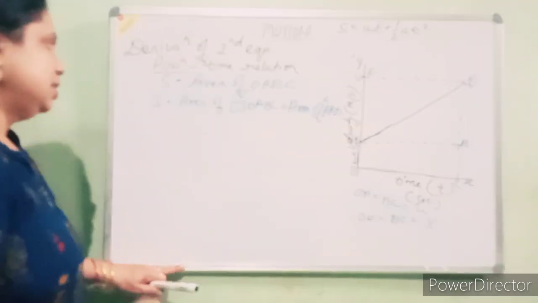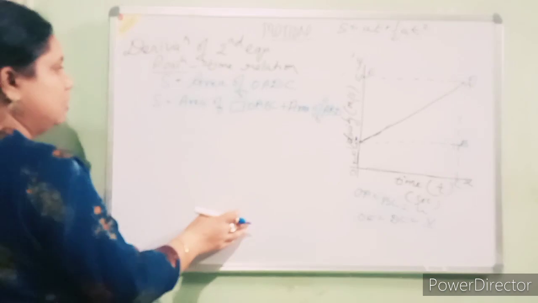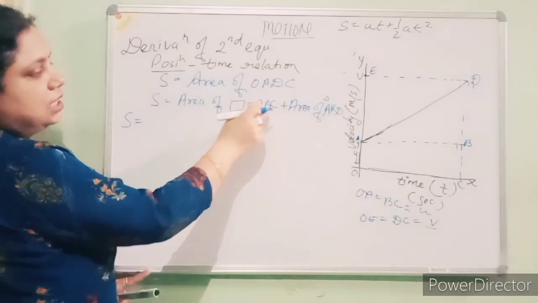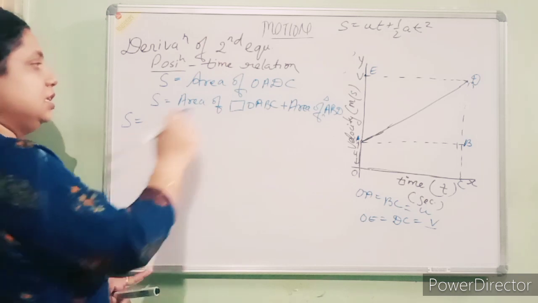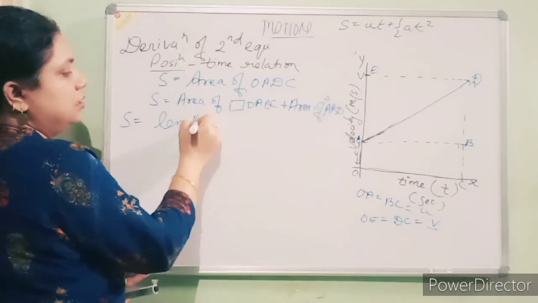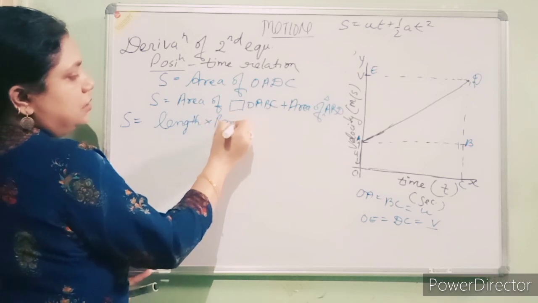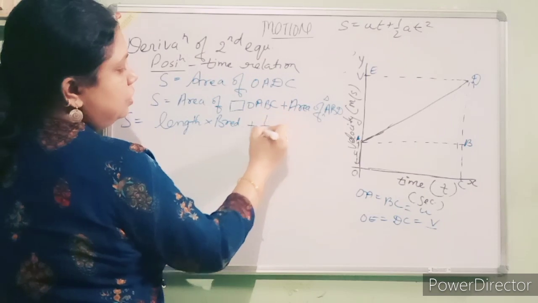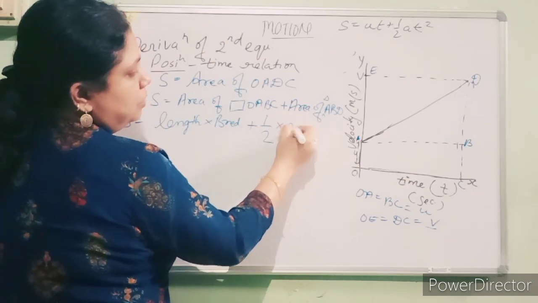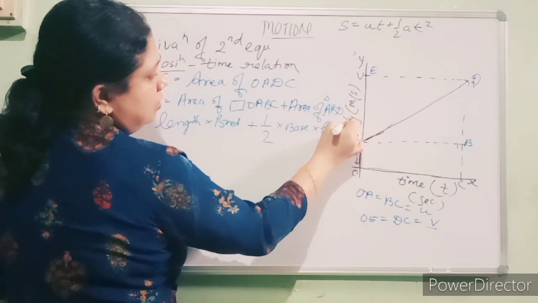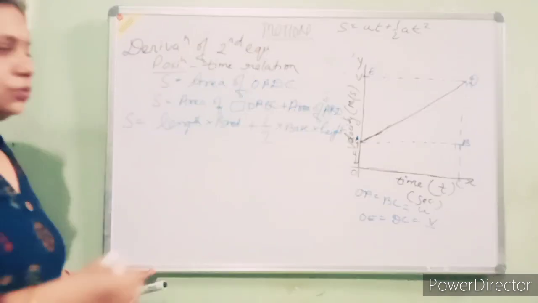Is it clear? Now look here, students, as we know S is equal to area of rectangle OABC plus area of triangle. That means S is equal to length into breadth plus half into base into height. Now let's see through the graph.